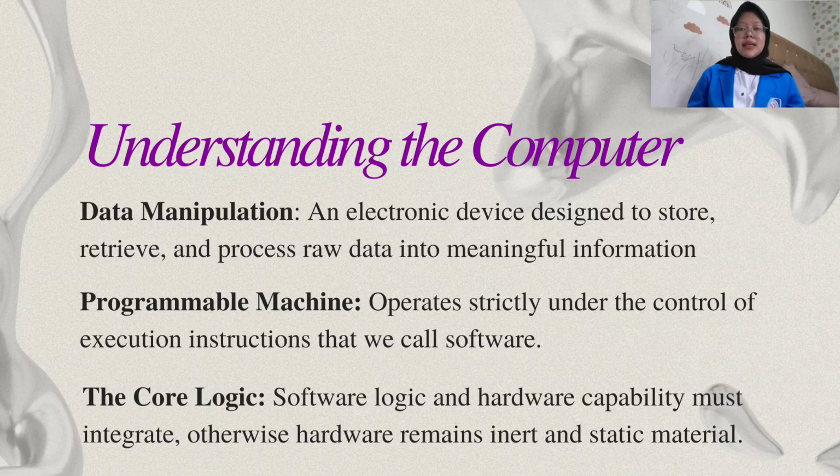Most importantly, it is a programmable machine, meaning it follows a list of instructions which we call software. Without instructions, the physical machine is just inert material. Let's move into slide 3 to see how this system is structurally organized.